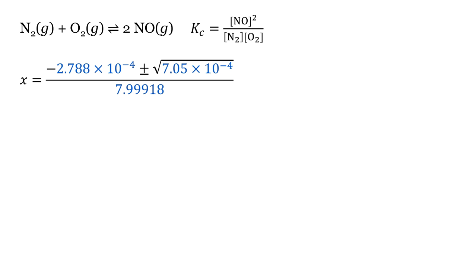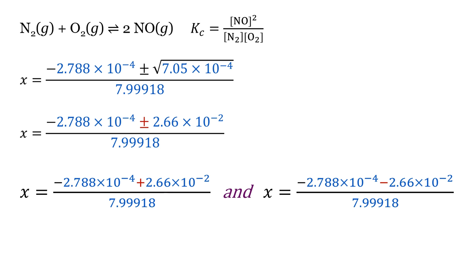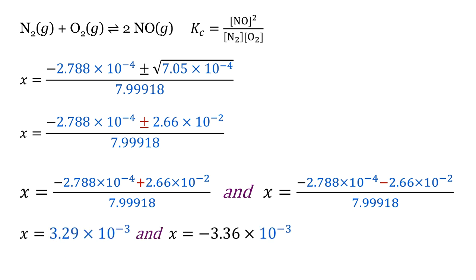Continuing to simplify, we take the square root of 7.05 times 10 to the negative second. Then we need to separate the values of X into the plus and minus expressions so that we can solve for the 2 roots or 2 possible values of X. Once we do this, we have to decide which root makes sense.